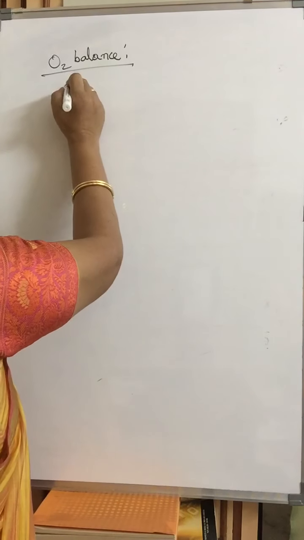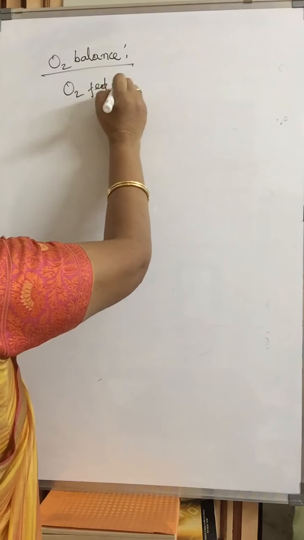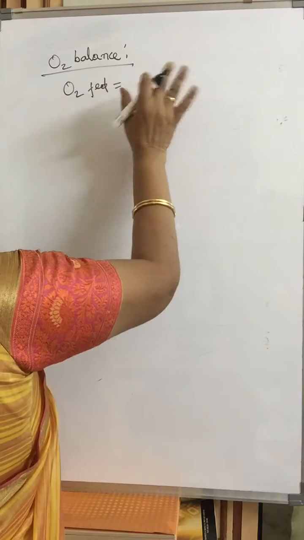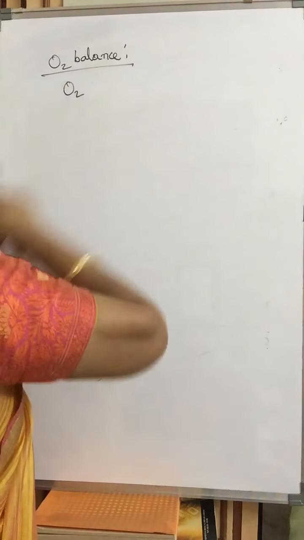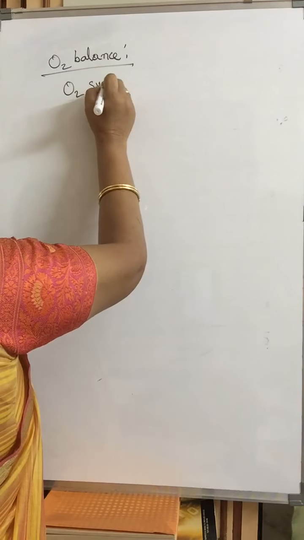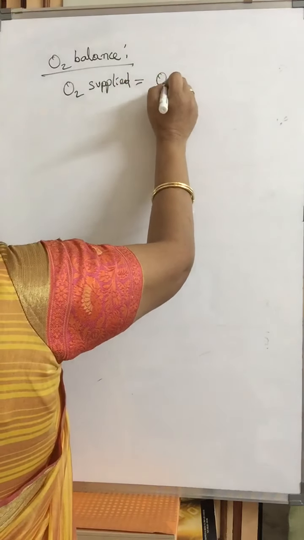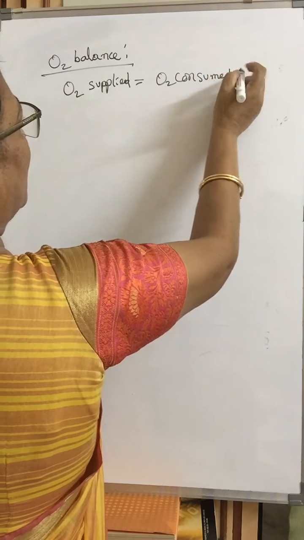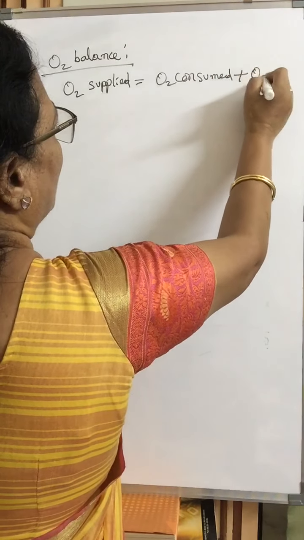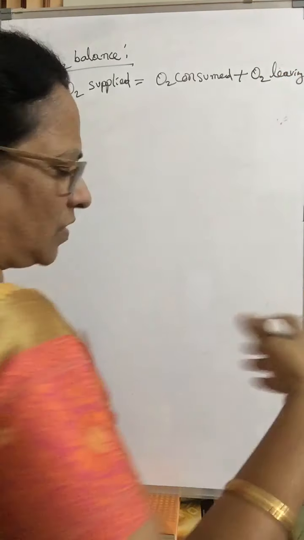So the oxygen balance is: total oxygen fed, or oxygen supplied, is equal to oxygen consumed plus oxygen leaving. That is the excess which is not used up.